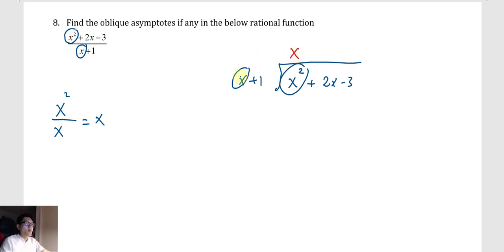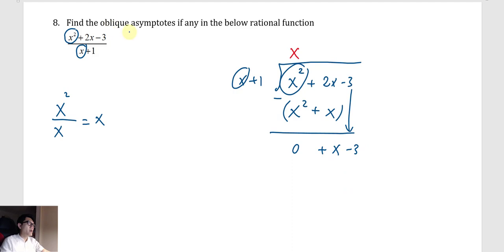Now I take x, multiply by x, give me x squared. x multiply by 1, give me 1x. Now let's do the subtraction. x squared subtract x squared, 0. 2x subtract 1x, give me plus x, right? 2 subtract 1 is plus 1. And now I carry down the next term, minus 3.